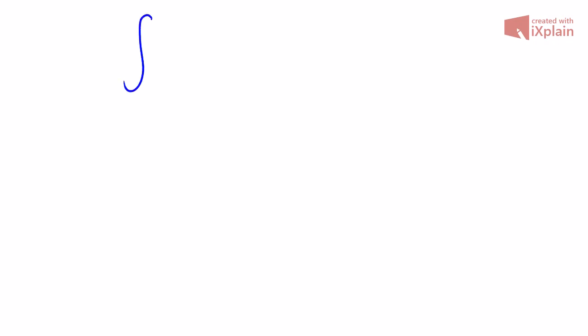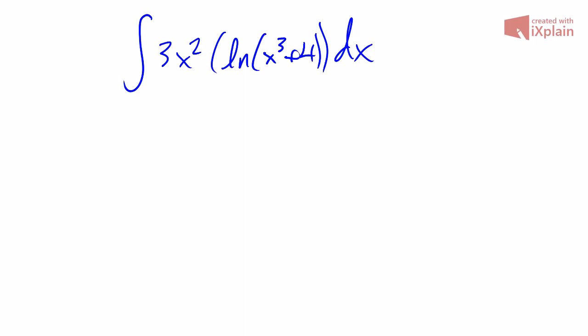So let's look at something like the integral of 3x squared times ln of x cubed plus 4 dx. Okay, now I could compute this integral. So I could find the antiderivative. And I know I can because I have an inside function here.